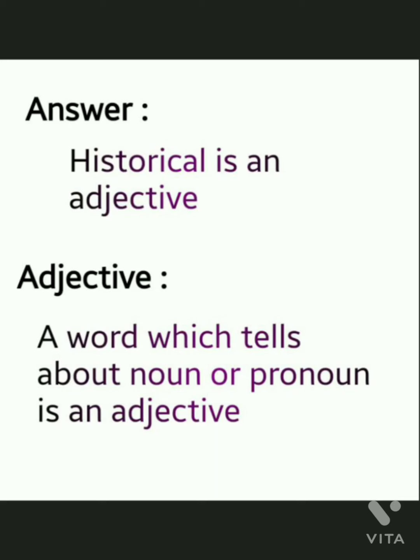So how to identify whether it is an adjective or an abstract noun? Here we need to remember the definition. If the quality is an adjective, then in that particular sentence, it will describe a noun or pronoun. Here the word historical is describing the city Hyderabad. It is telling us about the noun. That's why it is an adjective.